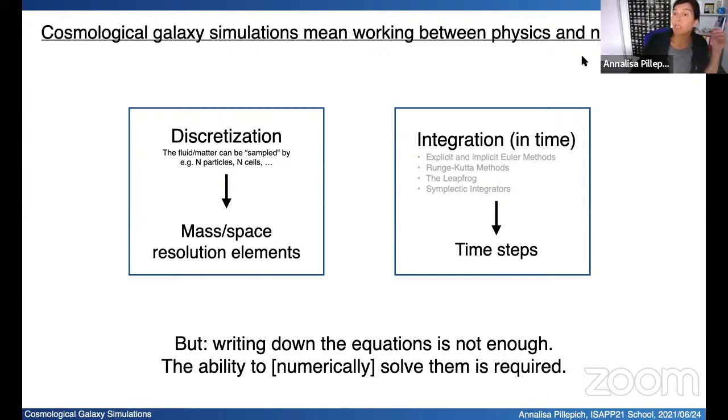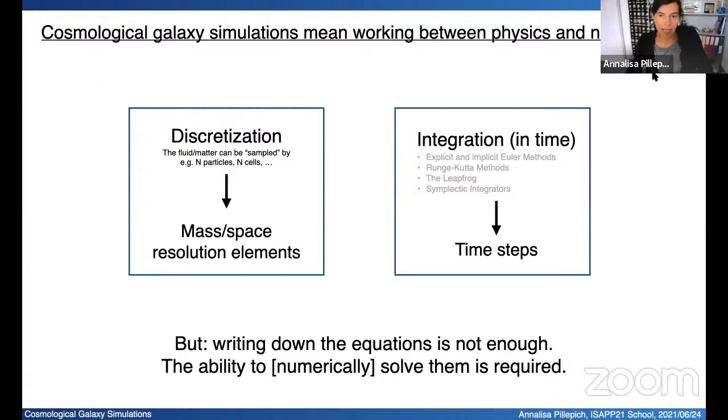You have seen this morning the N-body technique. This gives you mass or space resolution elements. Once you have discretized your system, you have the equations that connect the system states as a function of time, but you still have to solve the equations and integrate them in time. You might have heard of various ways to do this numerically, like the Runge-Kutta method, etc. And this gives you the time steps of the simulations, or the time resolution.